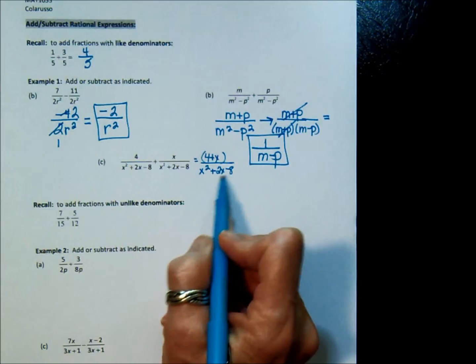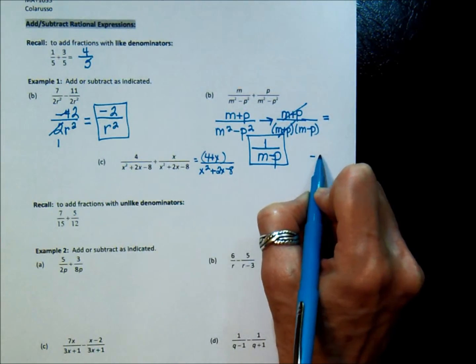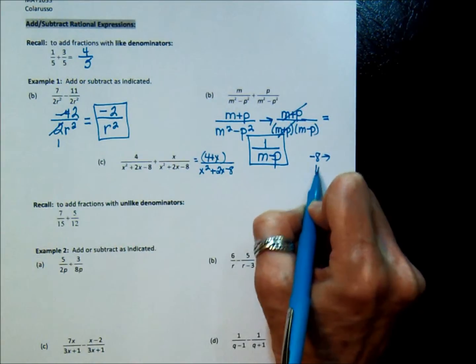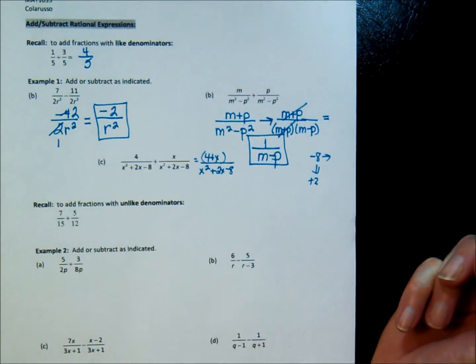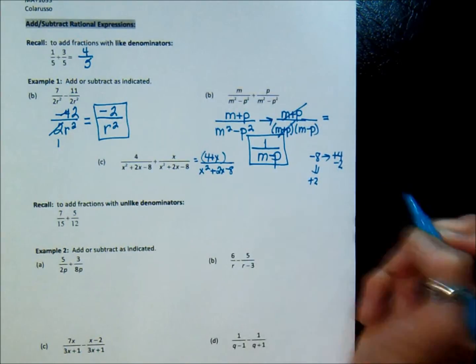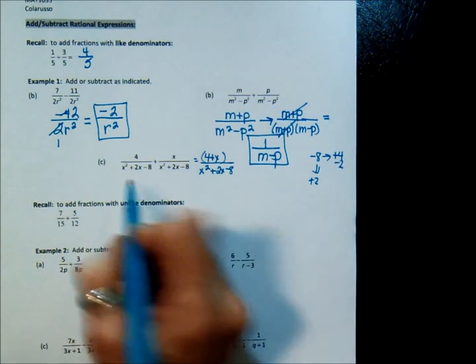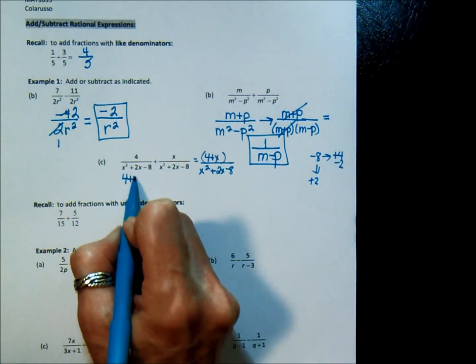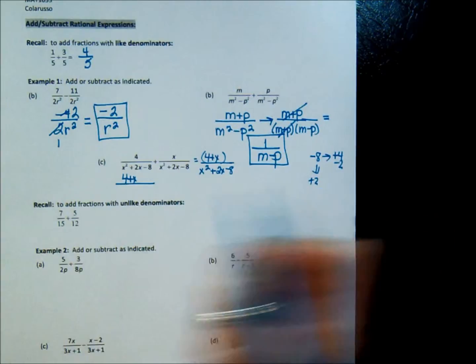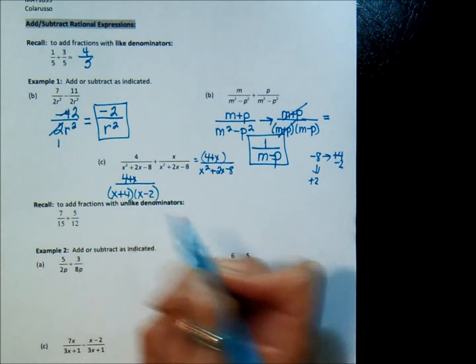So this is a trinomial factoring process. I'm looking for factors of negative 8 that combine to make positive 2. I believe that is positive 4 and negative 2. So my numerator is still 4 plus x, and my denominator is x plus 4 times x minus 2.